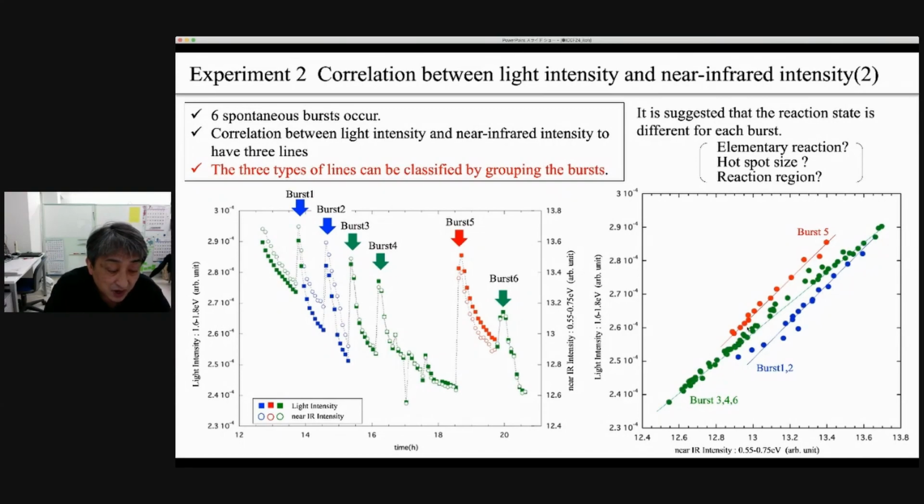The red line shows the fifth burst, the blue line is the first burst and second burst, and the green line is the other bursts. This suggests that each burst is in a different reaction state, such as an elementary reaction or a hotspot-size reaction region.